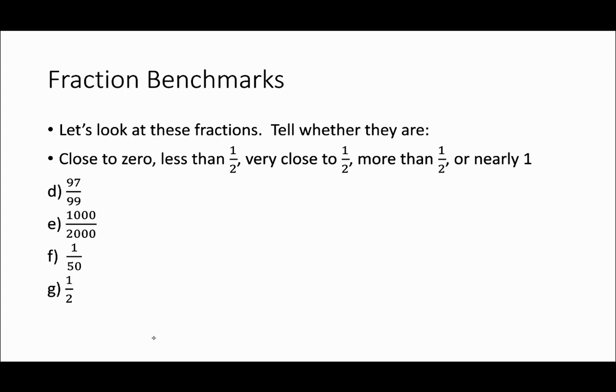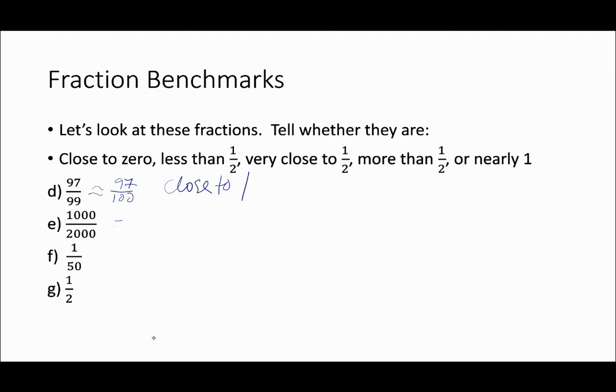Here we go. So 97 out of 99. Out of 100, there's only 2 less. I'm rounding 99 up to 100. That's why I say that. So that's roughly 97 out of 100 pieces. That's very close to 1. So close to 1. 1,000 over 2,000. Well, you can just divide both of these by 1,000 and get rid of those zeros.